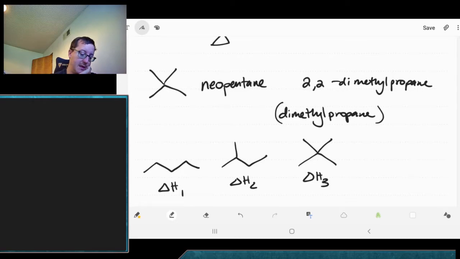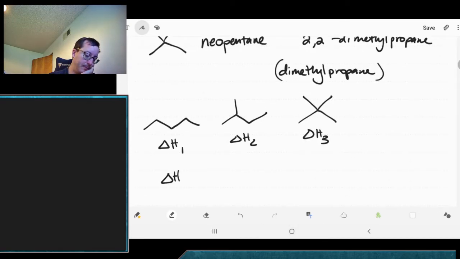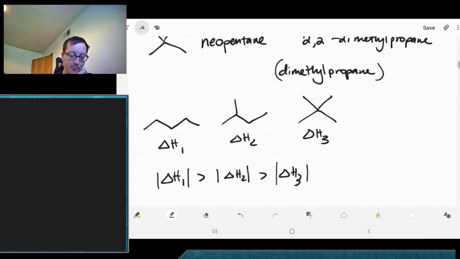We would see that delta H for the linear one, the magnitude of it, the absolute value, is the greatest of them all, which means there's the most energy associated with it. We do see that in general, the more branched alkanes are more stable. It's a minor trend, but it's something we can talk about with alkanes.